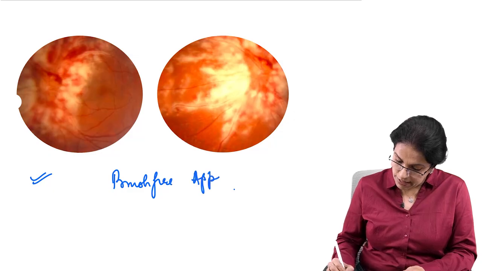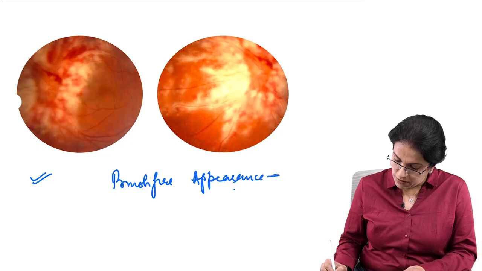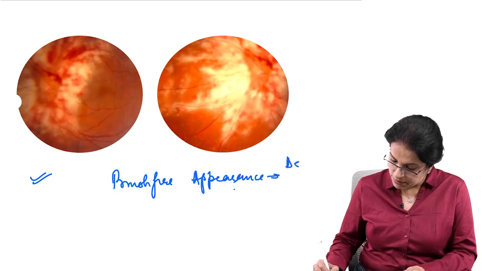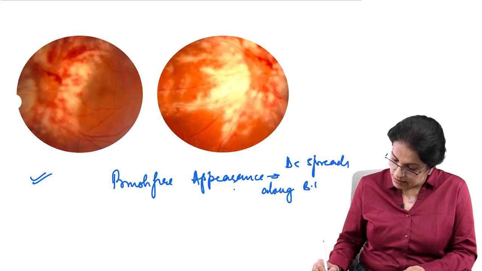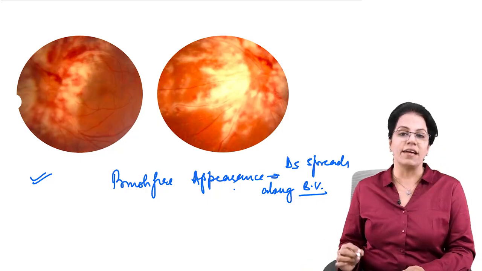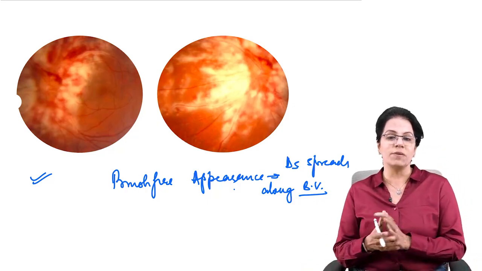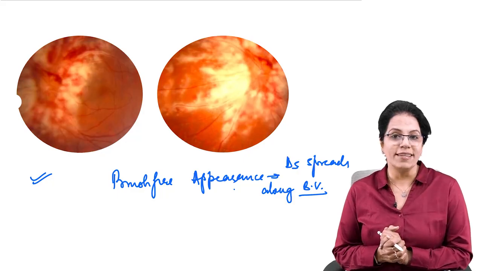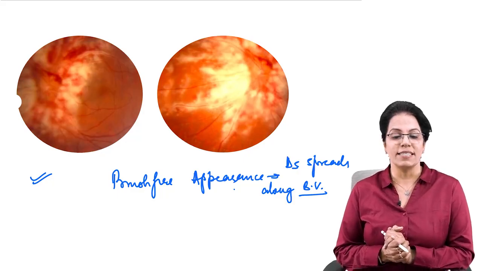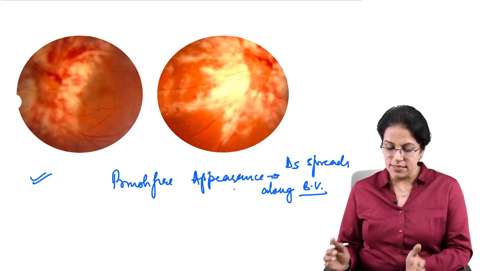So, what is brush fire appearance? When the disease spreads along the blood vessels. This is what is brush fire appearance. So, this term should also be familiar to you all, along with sauce and cheese retinopathy. So, in CMV retinitis, you're getting this.